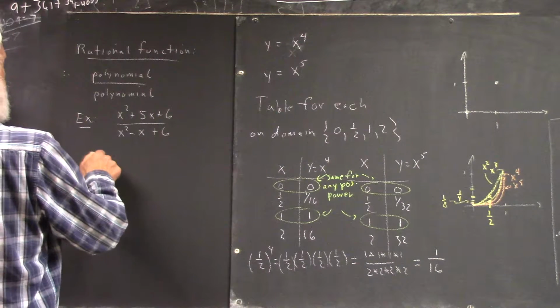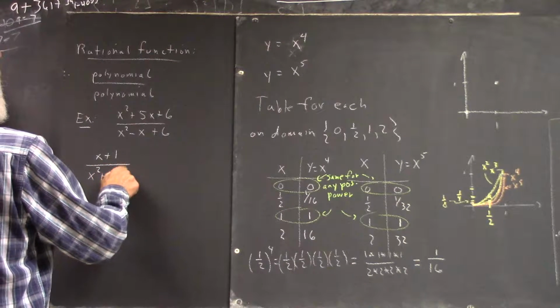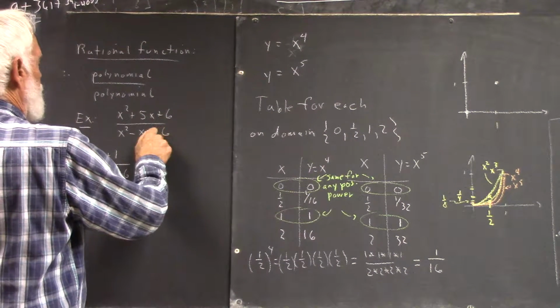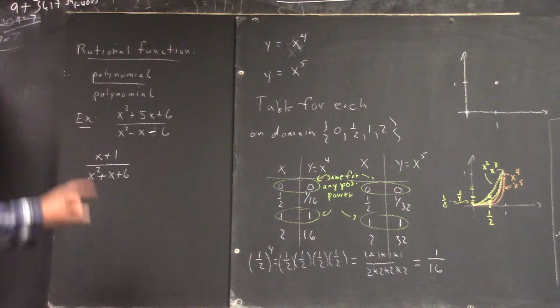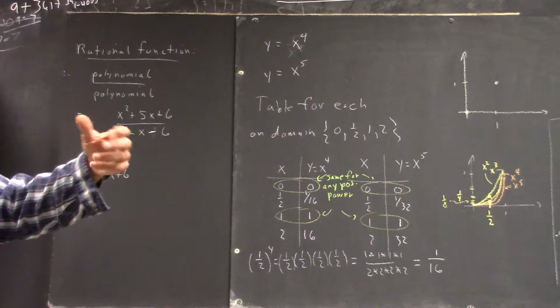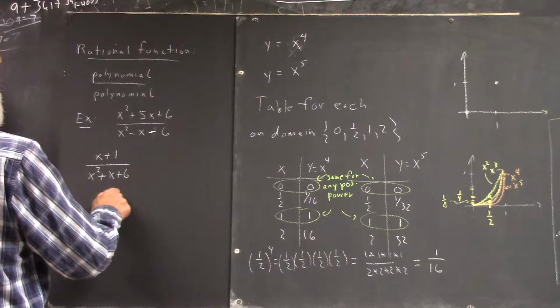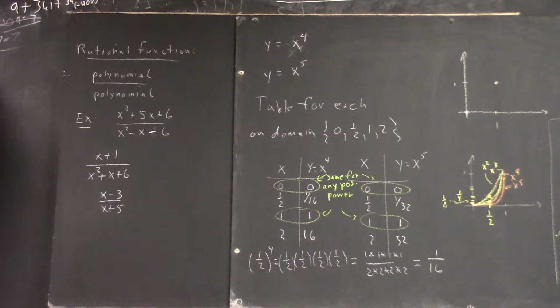Or let's do that because that one has an interesting graph. Okay, but this one, okay? X plus 1 is a polynomial. It's a multiple of x to the 1, and a multiple of x to the 0, right? Okay? Or x minus 3 over x plus 5.